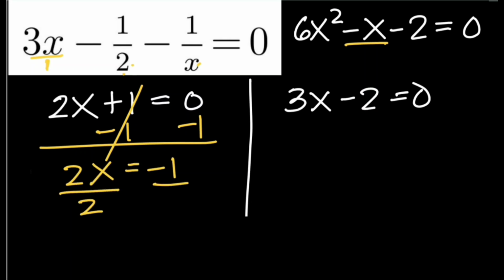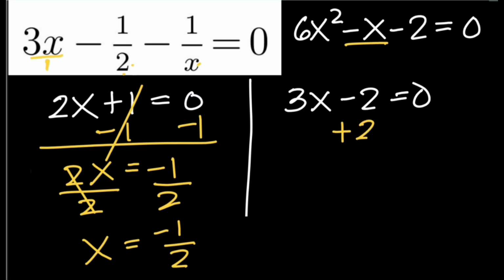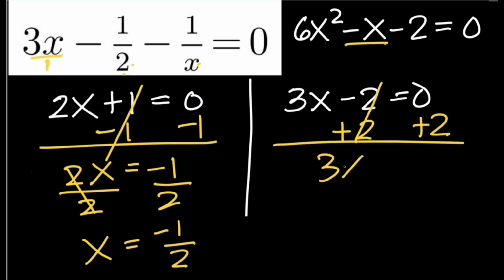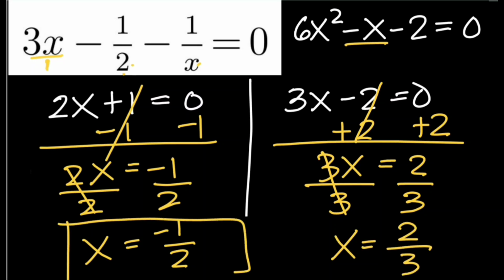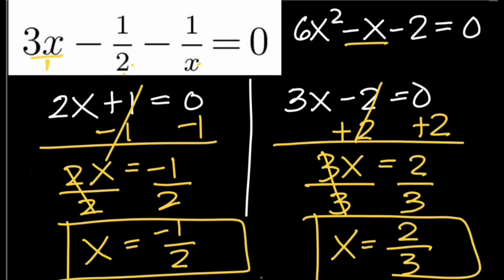Then we divide both sides by 2, then x is equal to negative 1/2. For the other one, 3x minus 2 equals 0, we add 2 to both sides, and this is 3x equals 2. Then we divide both sides by 3, then x here is equal to 2/3. Therefore, the values of x are negative 1/2 and 2/3.